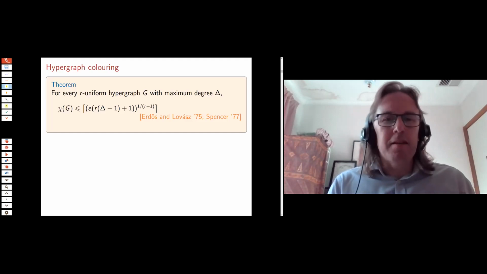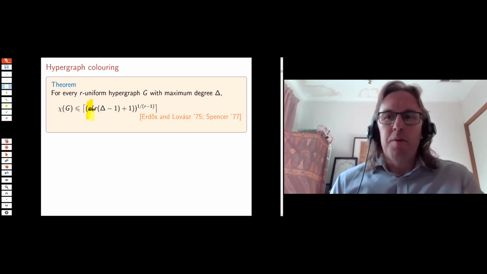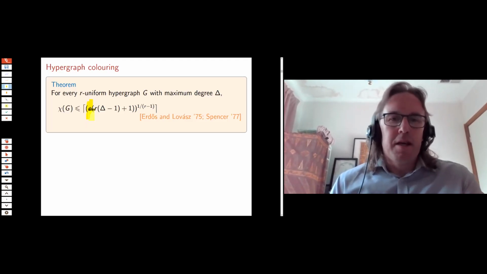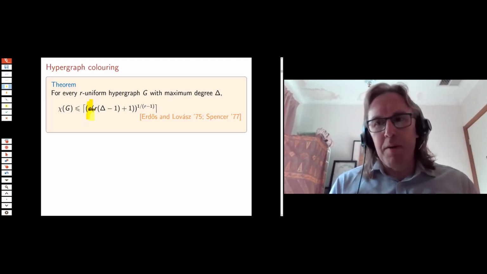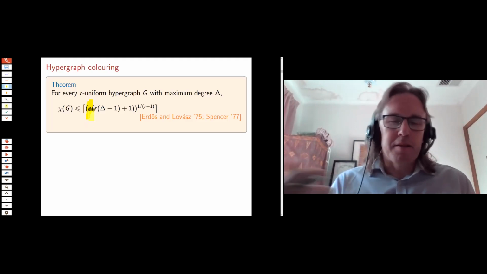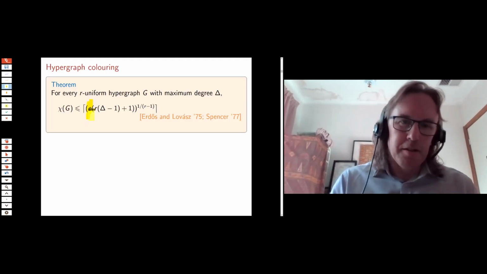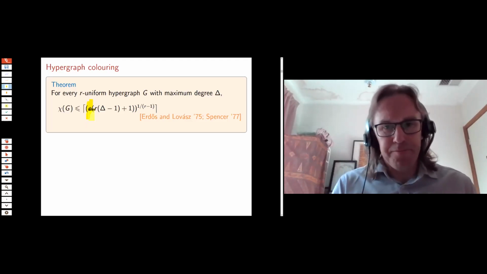I should say that this constant of e here, that's actually not in the original paper of Erdos and Lovász. They proved it with a constant of 4, and then there was a follow-up paper of Spencer who presented the local lemma in a more general way, and that's where the general local lemma is presented. And also Spencer was the one who optimized the constants and got that 4 down to an e, and the e turns out to be best possible for the local lemma.